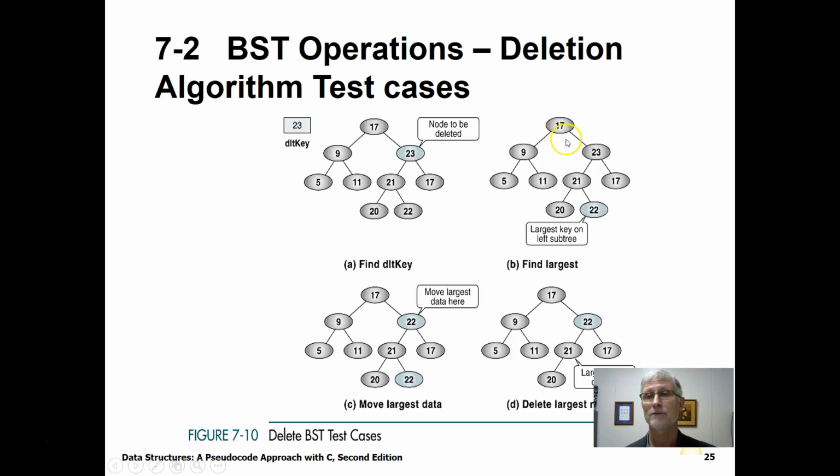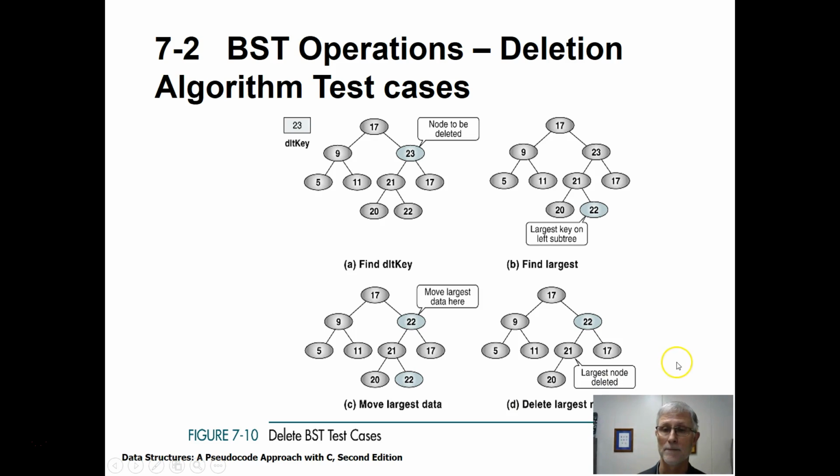So what do I do? I follow all the way down and find the largest key on the left. What's the largest one on the left subtree? Move this to the one that's being deleted, as you can see here. So now I've got basically two copies of 22, and then delete 22. Delete that largest node.